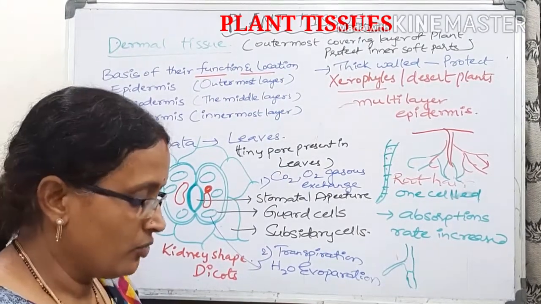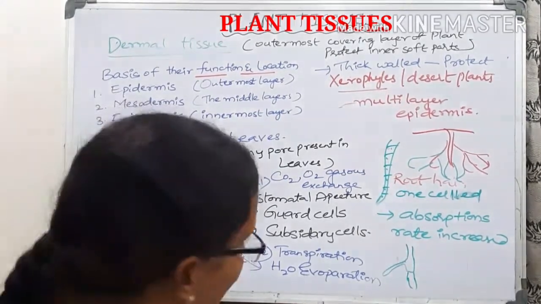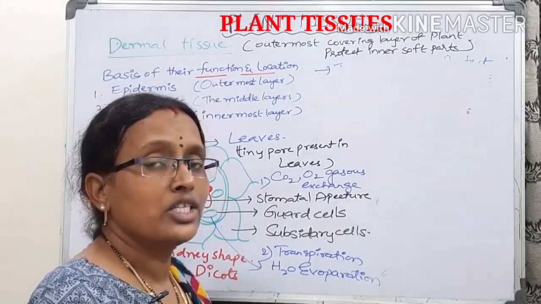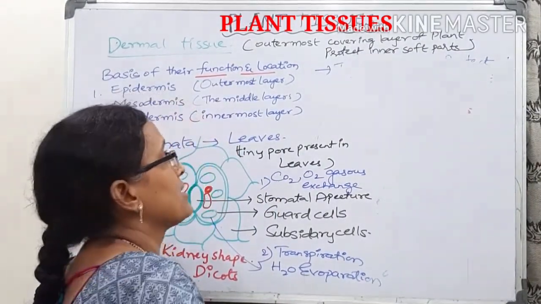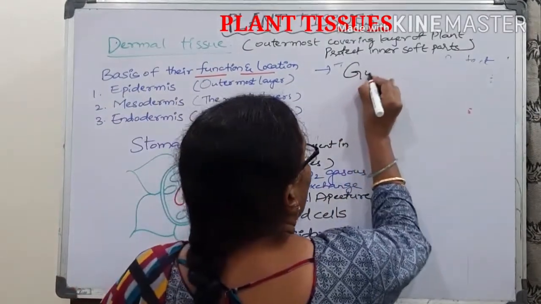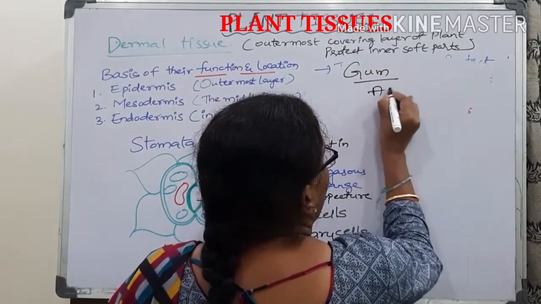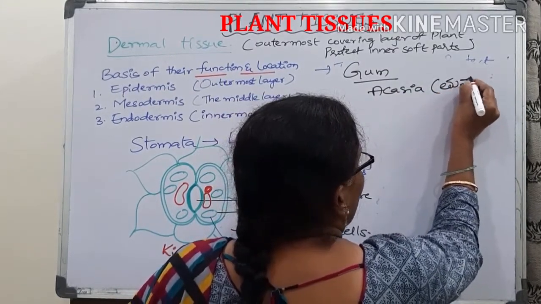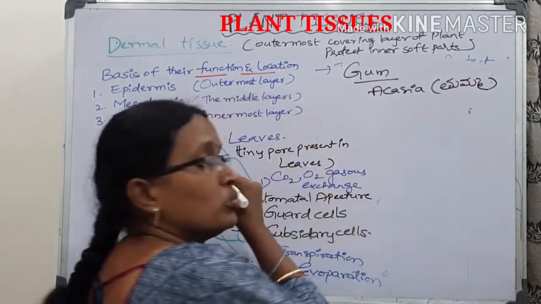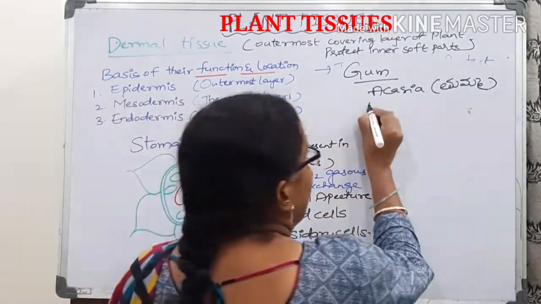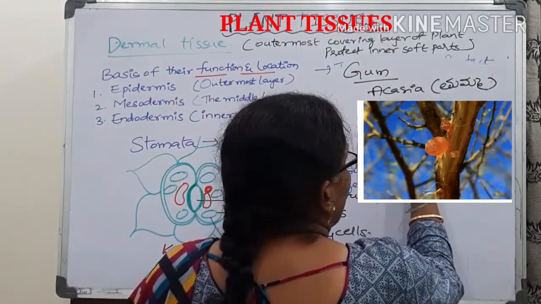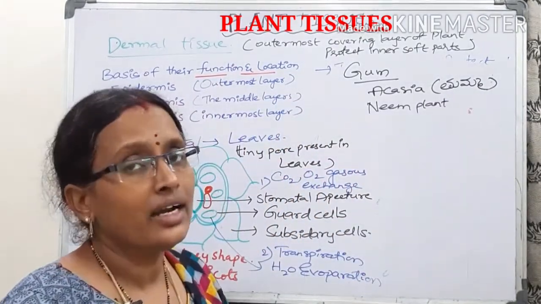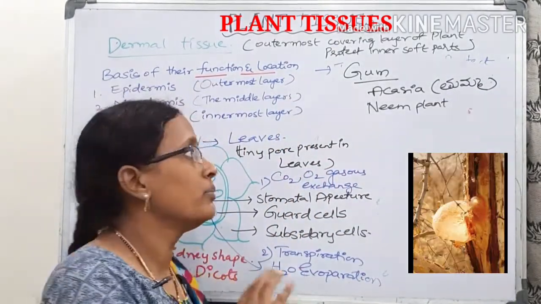Then some gum is secreted by Acacia melanoxylon and neem plants. We are talking about gum. Acacia we call tumma chettu in Telugu, and the neem plant, Azadirachta indica, is the scientific name of that plant.